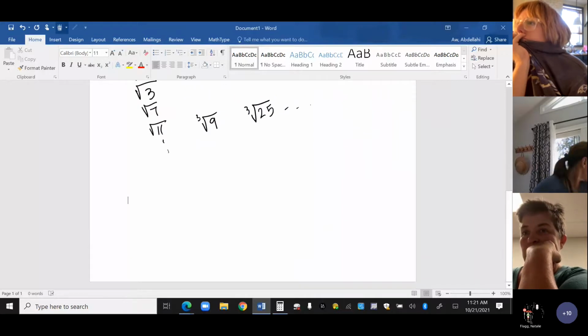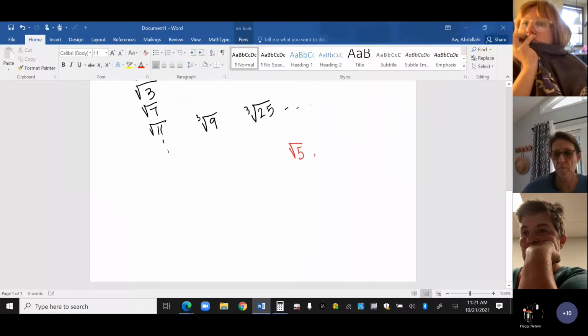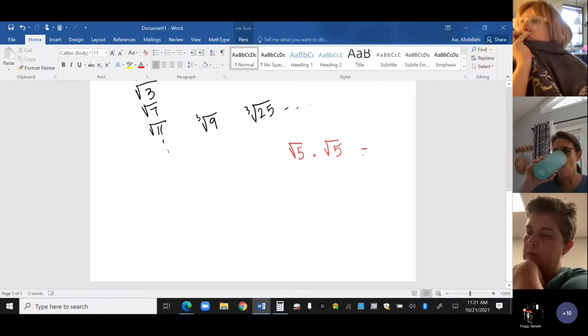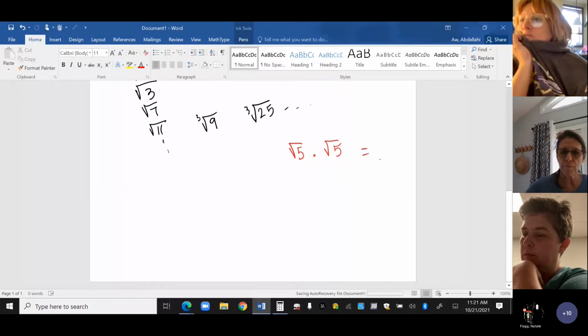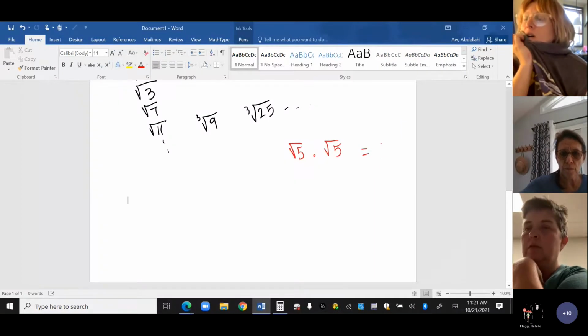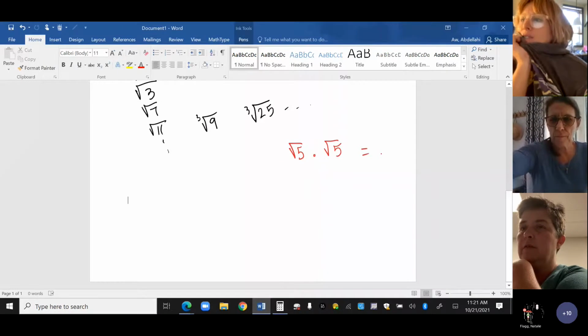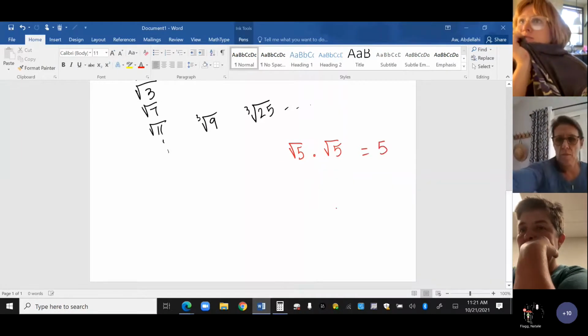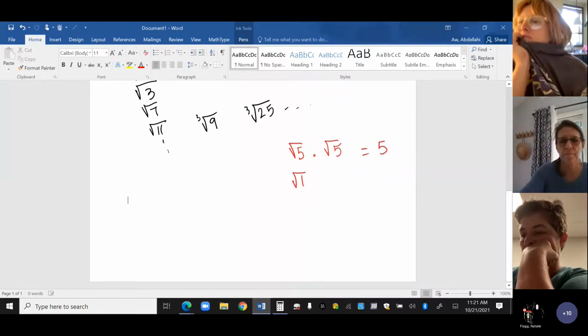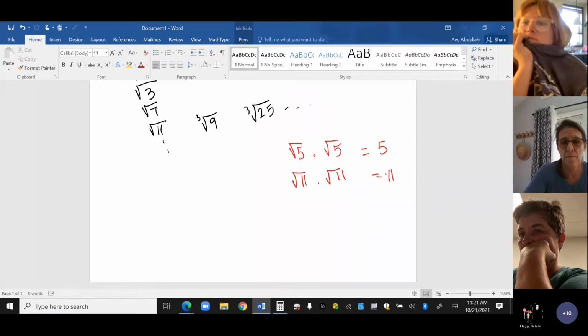So before we do that, do you remember what is square root of 5 times square root of 5? Somebody? 25? It comes out 5, right? After, square root of 11 times square root of 11, what do we end up with? 11. We don't need to do the math in between. We don't need to do 11 times 11, which is 121, and then take the square root, which is 11.